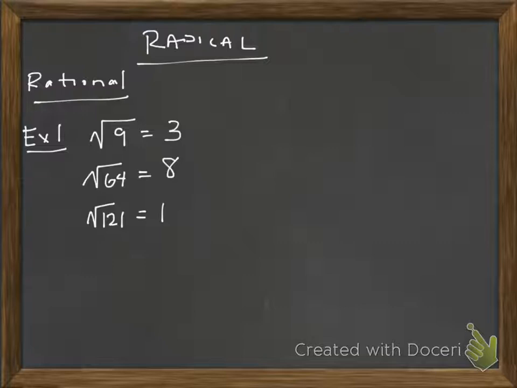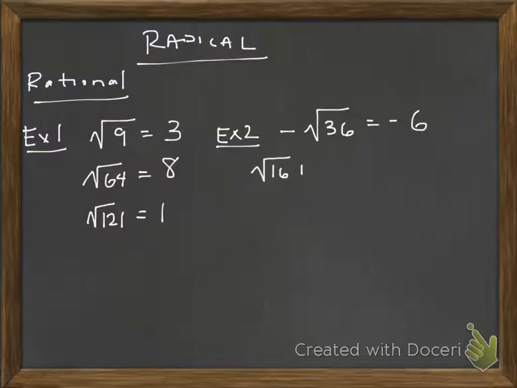You can extend on this by saying, and this is example 2, what if I said negative square root of 36? What would that equal? Negative 6. So you take the square root of 36, and then you get negative 6. You can continue to build upon that by saying square root of 16 plus the square root of 25.